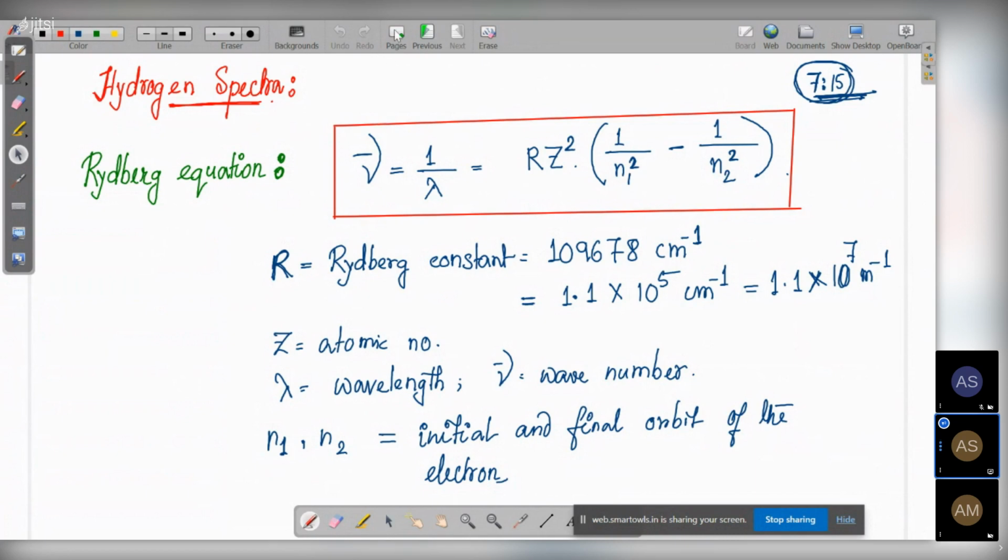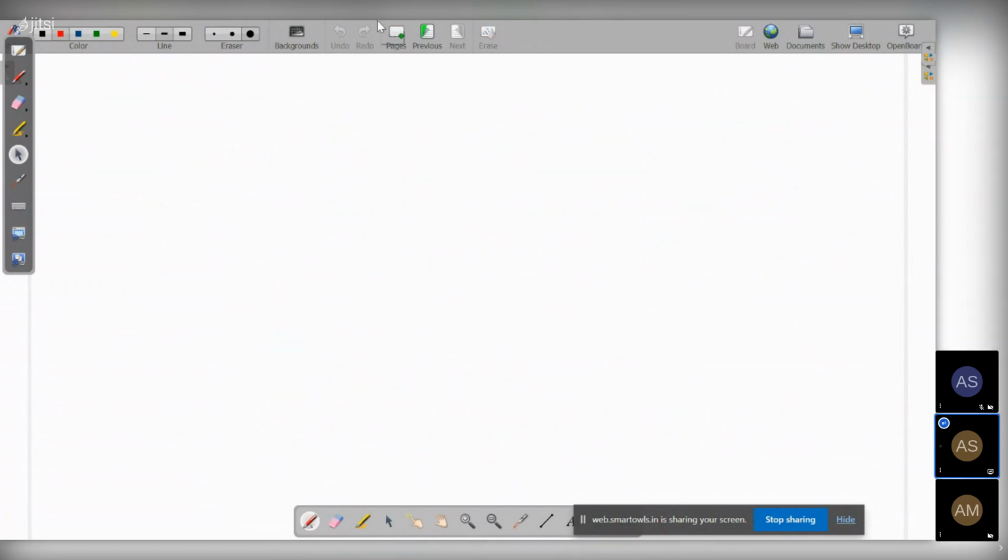Now there are various energy levels, and you need to know these energy levels. Let's draw the energy levels of a hydrogen atom.